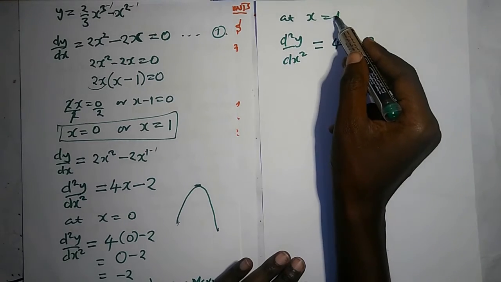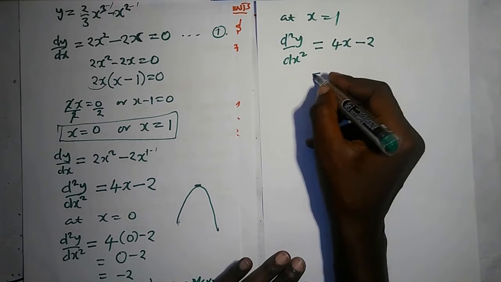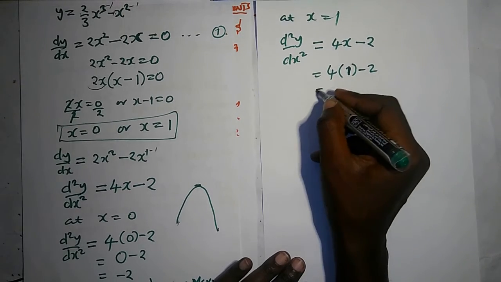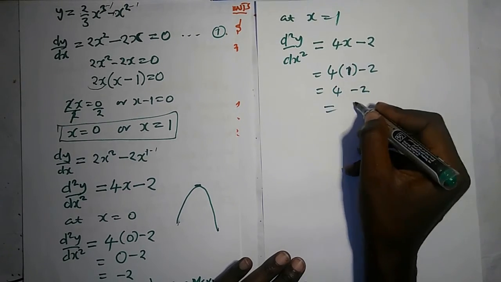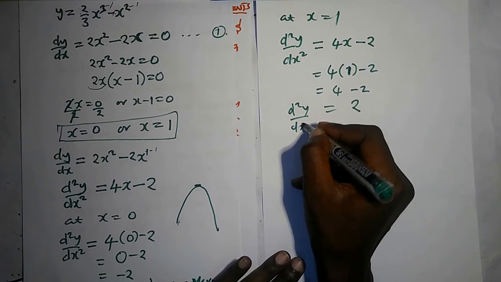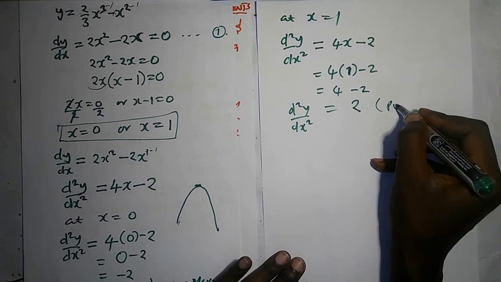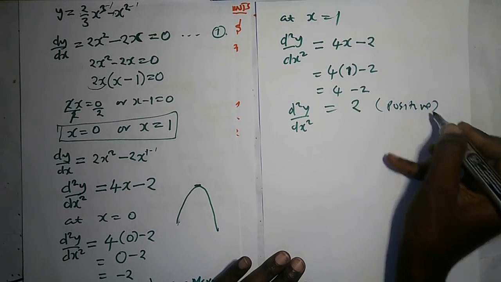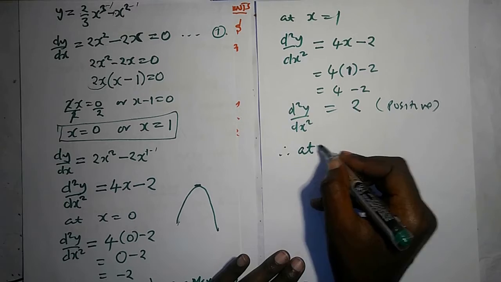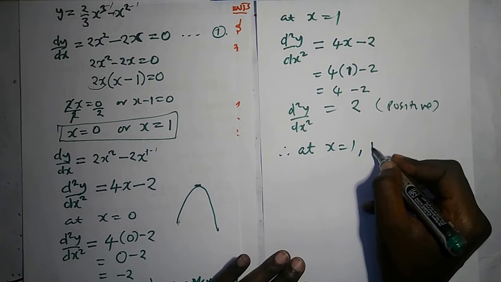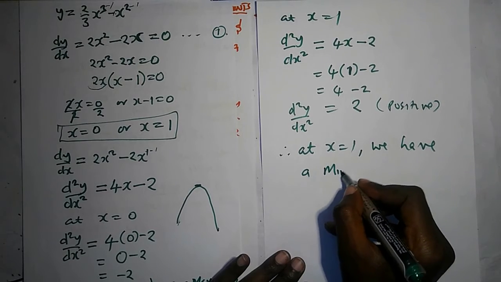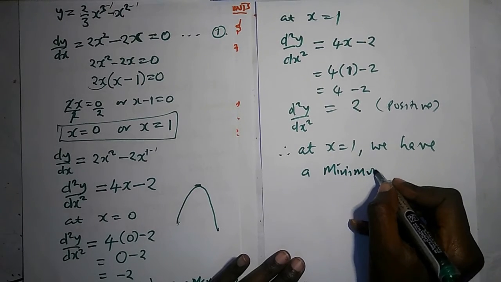Substituting, we get 4 times 1 minus 2, which is 4 minus 2, which gives us positive 2. So d2y dx2 is positive here. Therefore, at x is equal to 1, we have a minimum point.